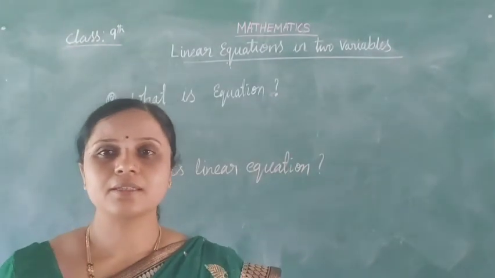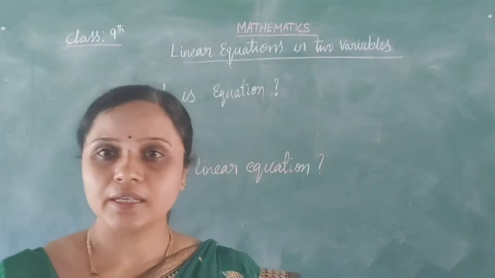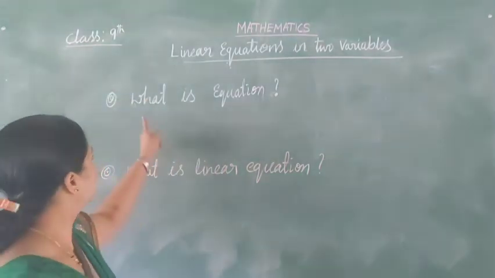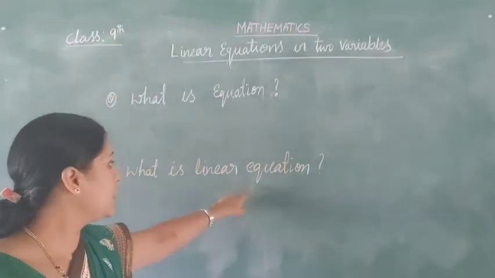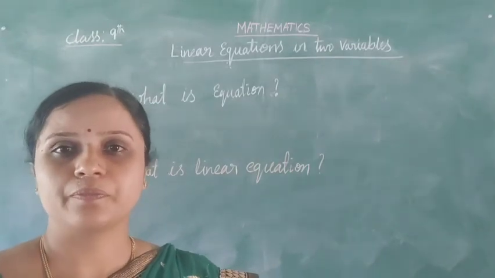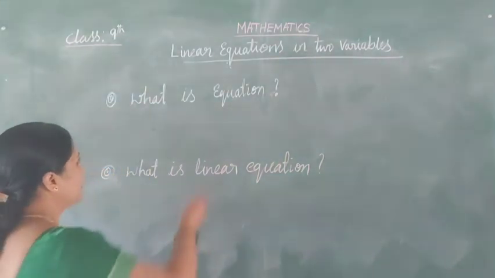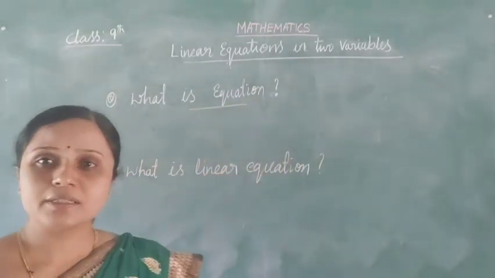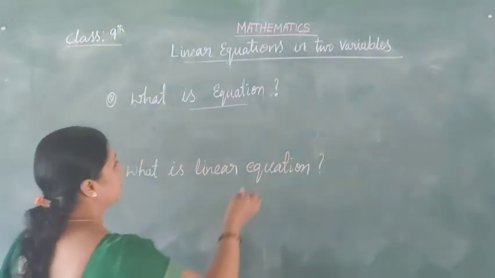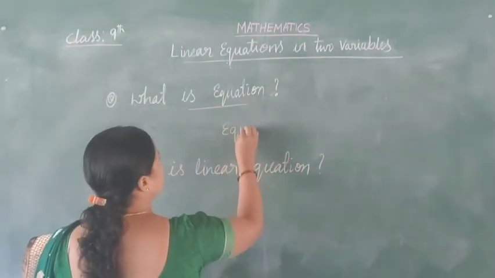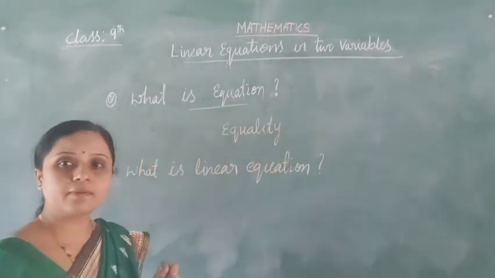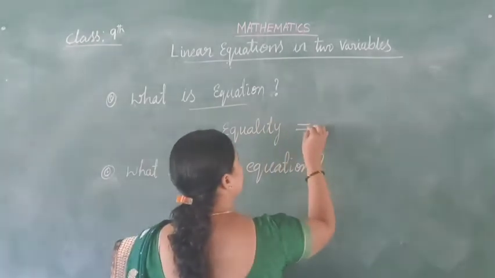In earlier classes you have studied about what is a linear equation. Okay. So now tell me what is a linear equation. Before going to linear equation, we can first tell what is an equation. Equation means equality. The symbol of equality is equals.